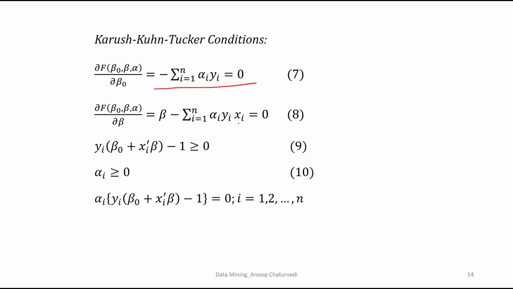and here we get summation over i alpha i yi xi. Further, we get this condition yi (beta naught plus xi transpose beta) minus 1 greater than or equal to 0, alpha i greater than or equal to 0, and then we have alpha i times (yi (beta naught plus xi transpose beta) minus 1) equal to 0.